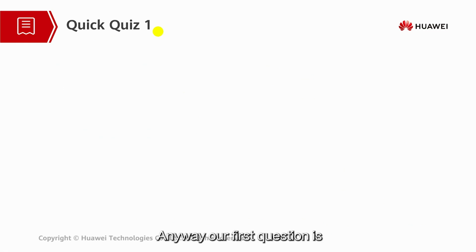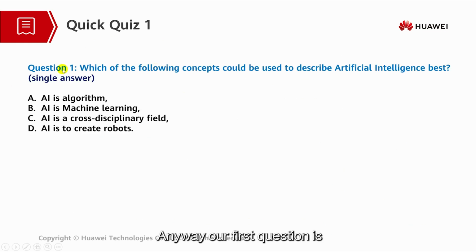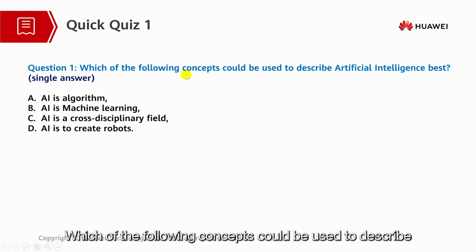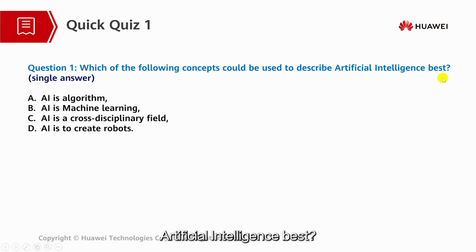Anyway, our first question is, which of the following concepts could be used to describe artificial intelligence best? Is AI algorithm? Is AI machine learning? A cross-disciplinary field? Or is AI all about creating robots? Easy one, right?